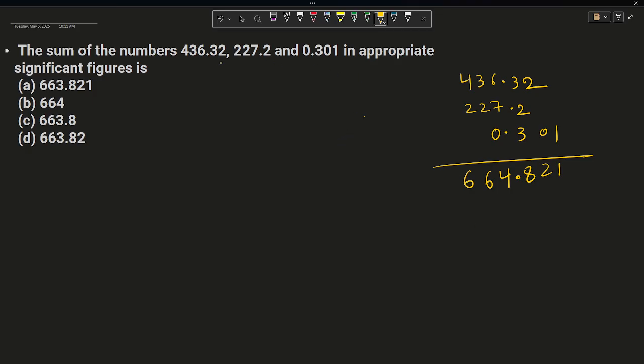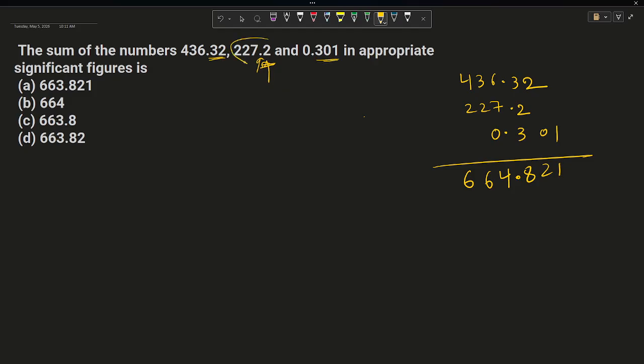Now you have to check, among these three numbers, which one has the least decimal places. So this one has the least number of digits after the decimal point. It has only one digit, and this one has two and this one has three.